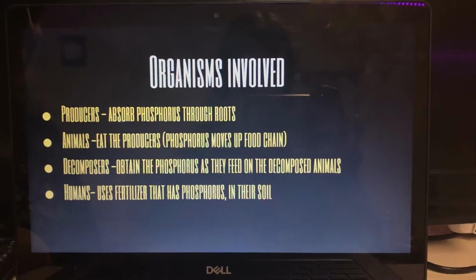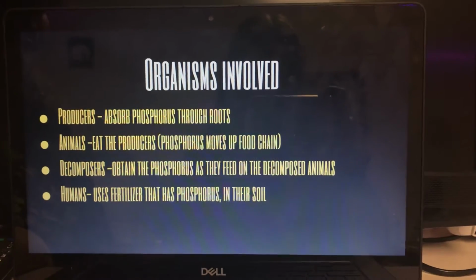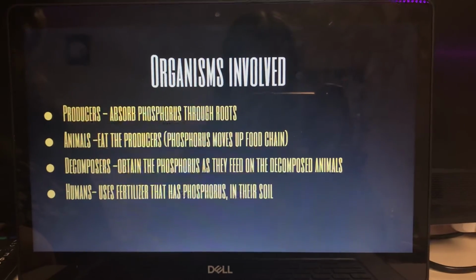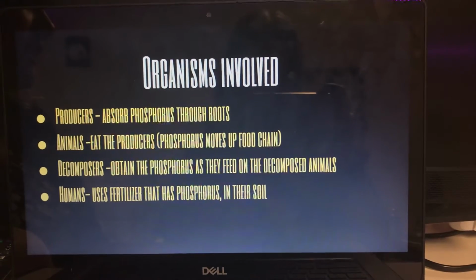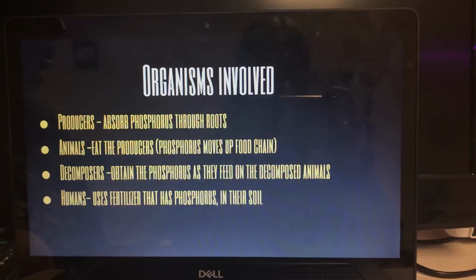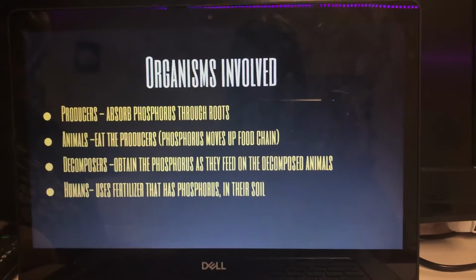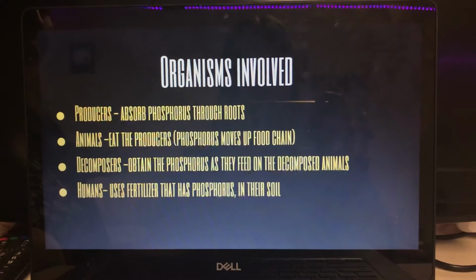And then the next step would be our decomposers, which obtain the phosphorus as they feed on the decomposed animals, because phosphorus stays within the body, even though the animals have long past eaten it and the body has digested the food. The phosphorus still stays within the body. So the decomposers then take the phosphorus.